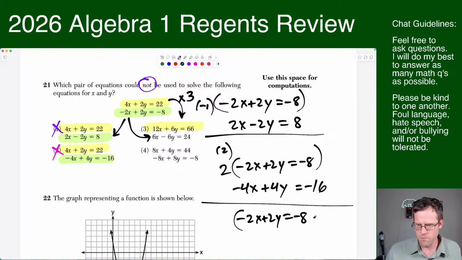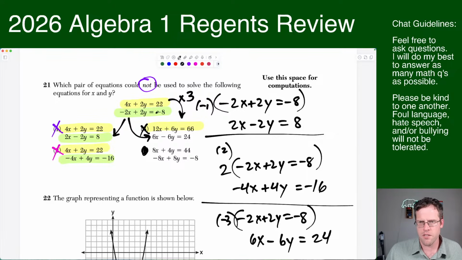If we multiply everything by -3, that makes positive 6x, and then minus 6 times y equals positive 24. And then y's would eliminate. So this works. So just by process of elimination, it has to be this one. But let's see why this one's no good. So for this one, they took the first equation here, 4x plus 2y equals 22.